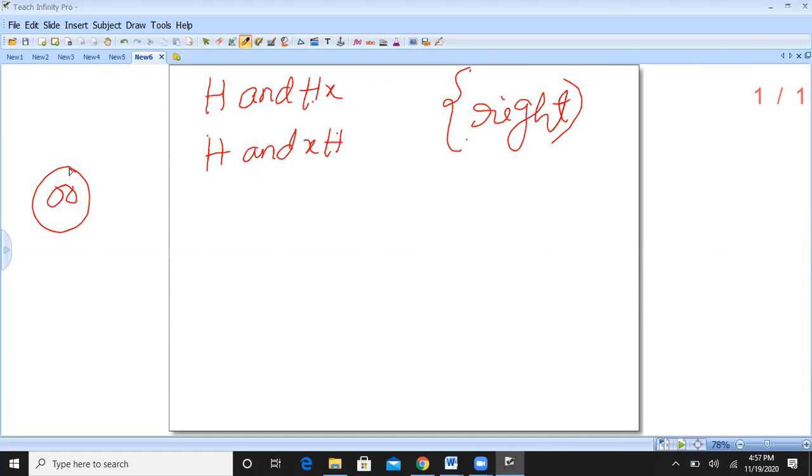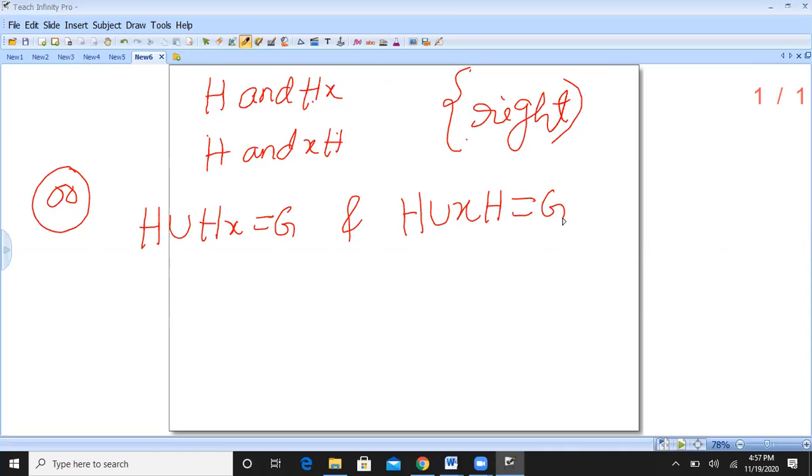So we write H union Hx is equal to G, and H union xH is equal to G, for all the elements of G.